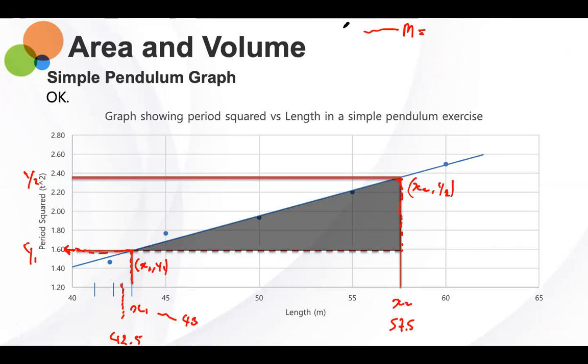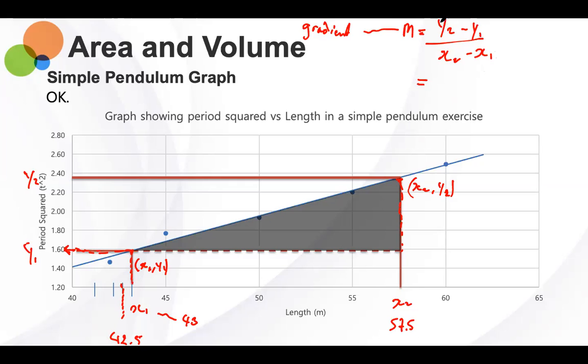Remember that m means gradient, and it is equal to y2 minus y1 over x2 minus x1.